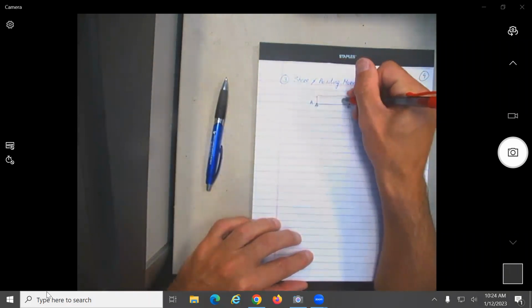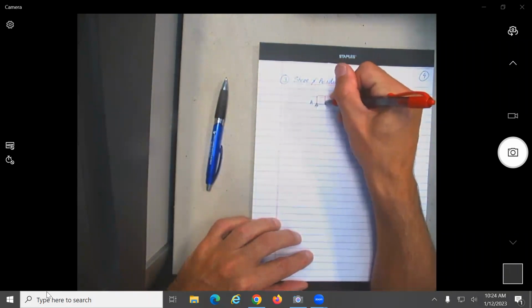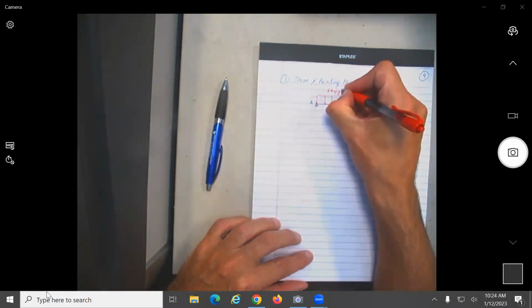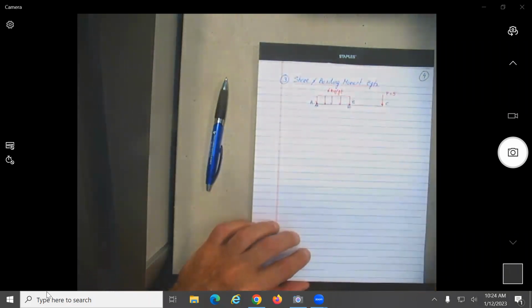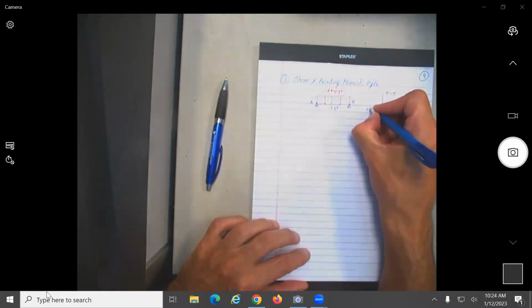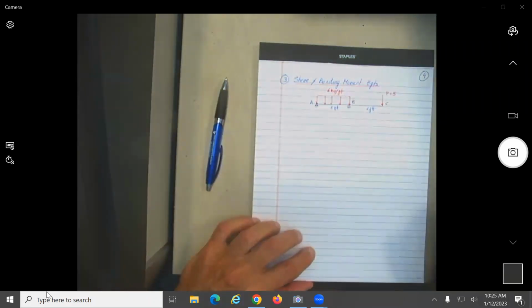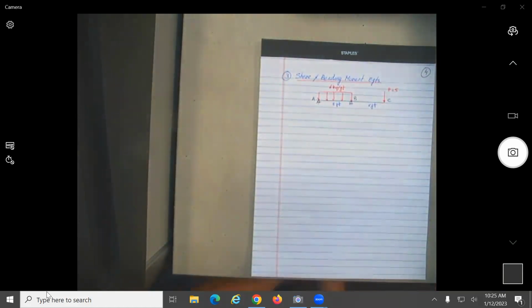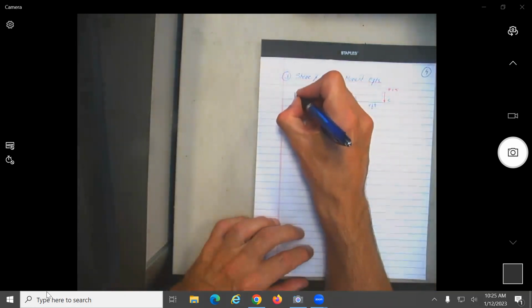Or is it going down, no? Yeah. Of 6 kip per foot. And we know this was 8 feet and this 6 feet. All right, and here we can put X and Y.